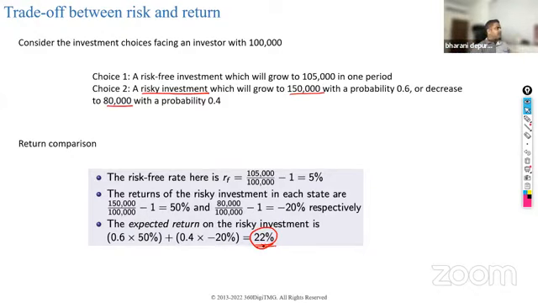That's what it means. And risk-free investment is going to give you 5% return on investment. Let me write it here. Risk-free would give you 5% return on investment, and risky investment would give you 22% return on investment.